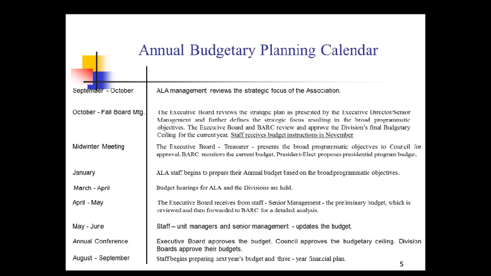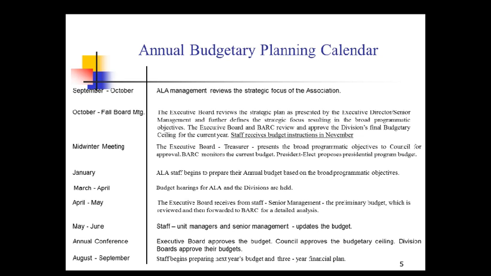The executive board and ALA treasurer then bring broad programmatic objectives to ALA council for approval during the midwinter meeting, while BARC continues its responsibilities of monitoring the current budget.